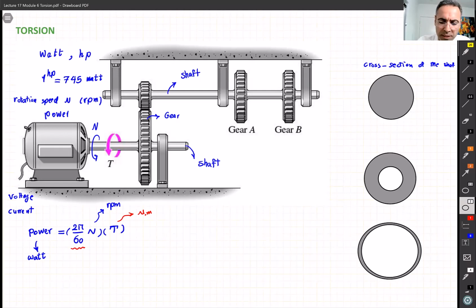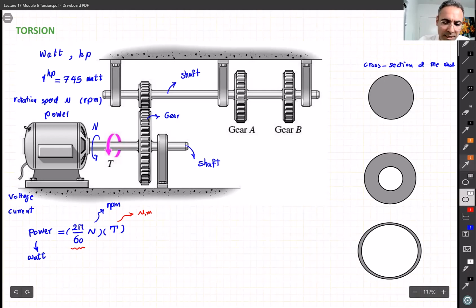And of course, with each of these shafts, the shaft has a radius, like this one, the radius, and this one has the outer and inner radius. And just be careful about the thin wall. When we say radius, it is the average radius. It is something between outer and inner.